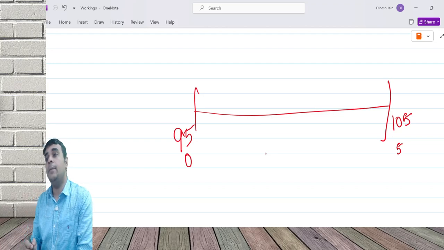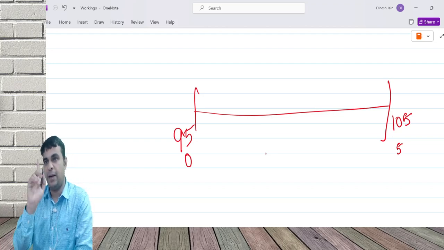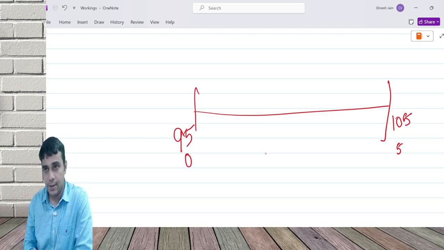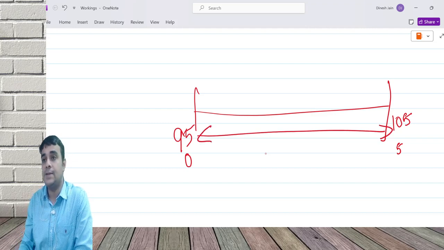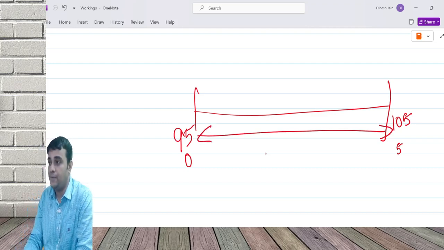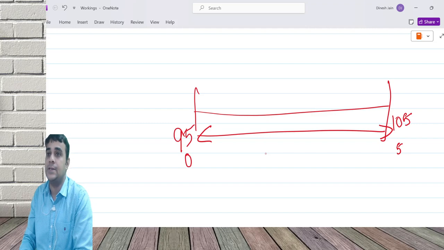Now, for redeemable debt the formula says, one, you have to pay interest, which is after tax. We'll see as we do. Second, you are paying extra 10 rupees after 5 years. So every year you are indirectly paying extra 2 rupees.